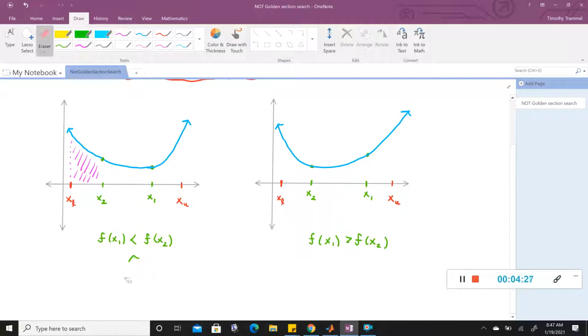And if we get rid of that section, let's think about the most natural way to assign things. The most natural way would be to say, x lower is going to be equal to whatever x2 was. x upper can stay as x upper.